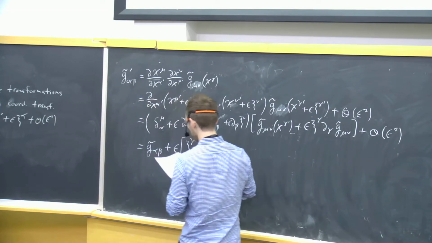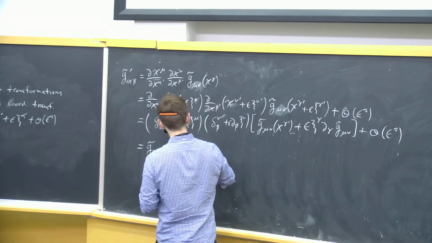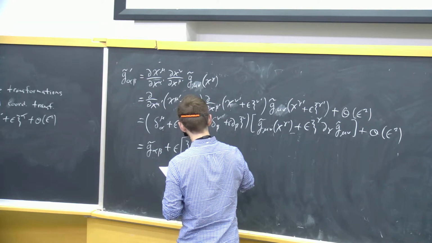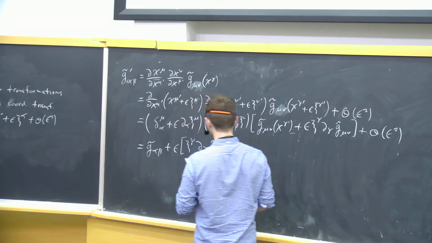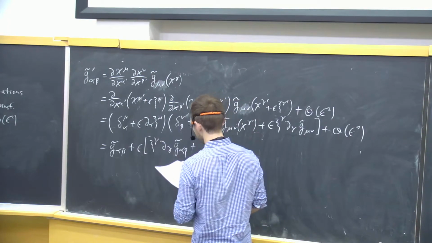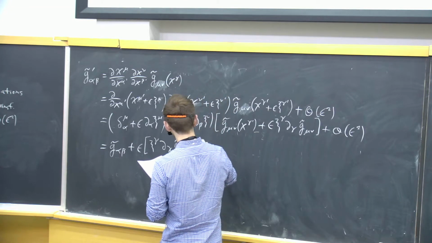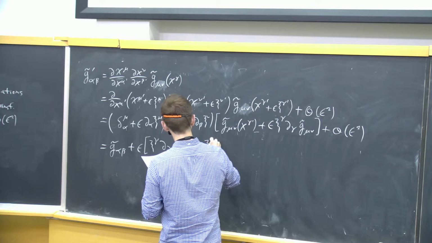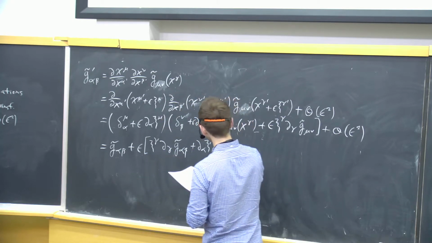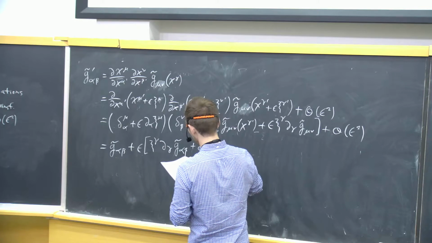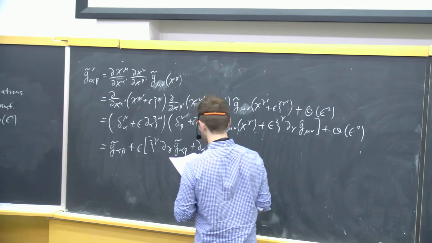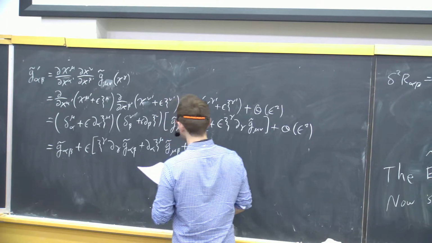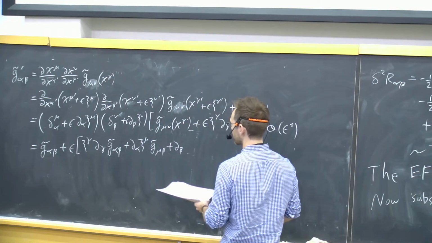We have xi gamma times the derivative of g tilde. Then we have these two derivatives of xi multiplying g tilde. So this is the alpha derivative of xi mu.